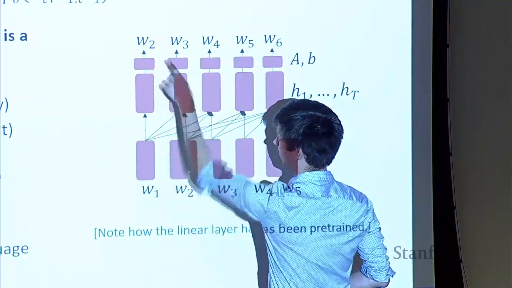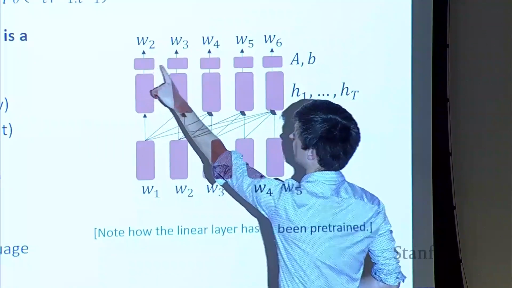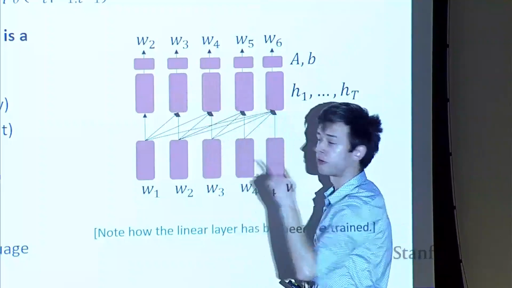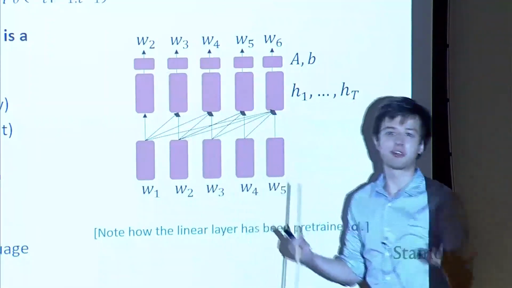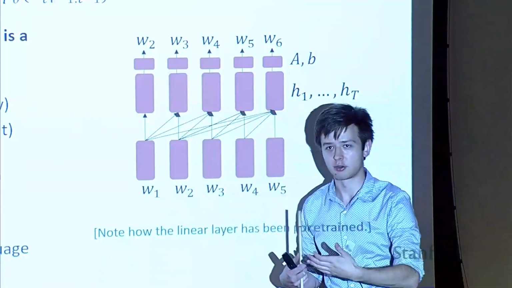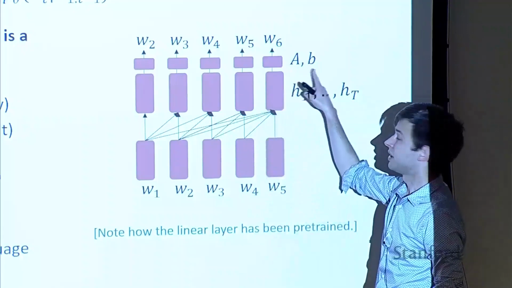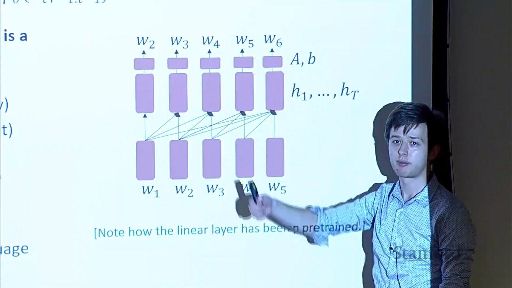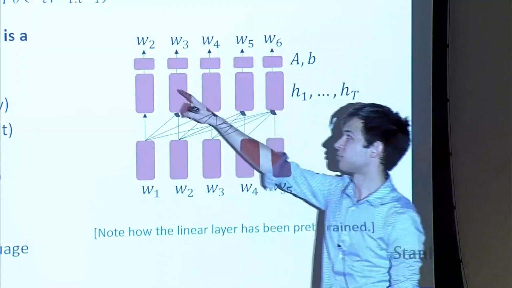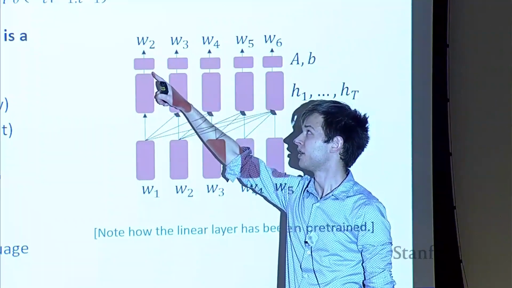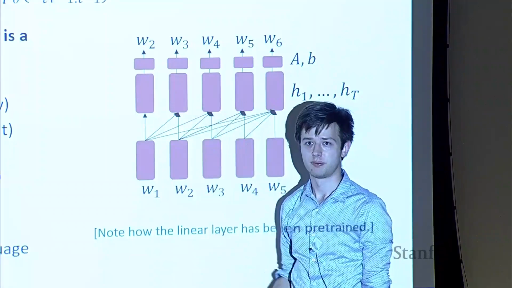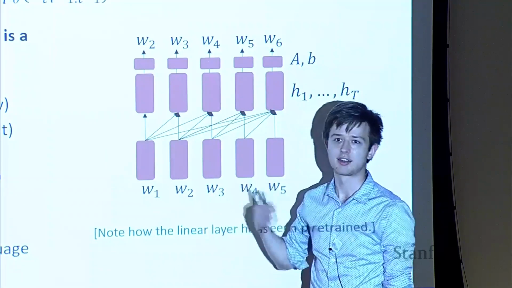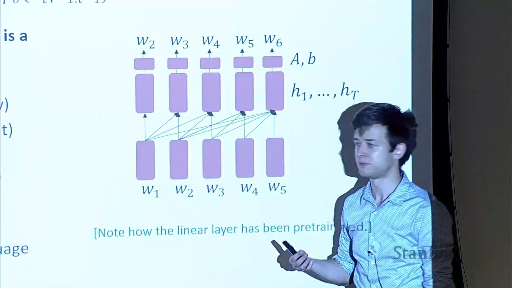From word 1 I predict word 2, I predict word 3, etc. The actual last layer of the network, unlike before, has been pre-trained. But I'm still fine-tuning the whole thing. So A and b here are mapping to a probability distribution over my vocabulary, or the logits of a probability distribution. And I just get to tweak them now in order to have the distribution that I'm going to use reflect the thing, like dialogue, that I want it to reflect.